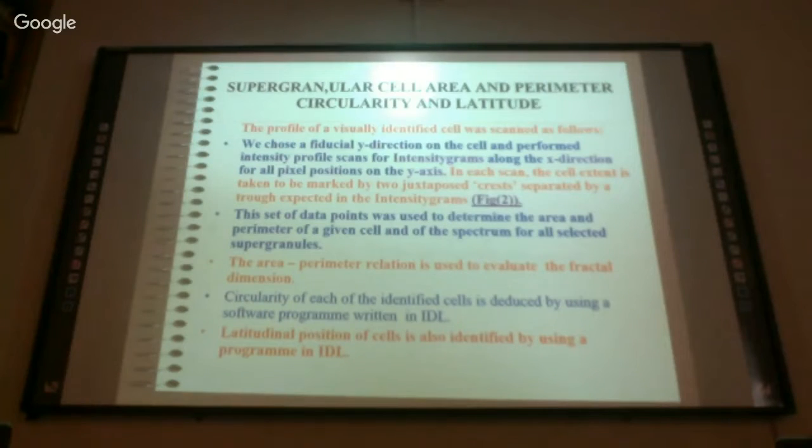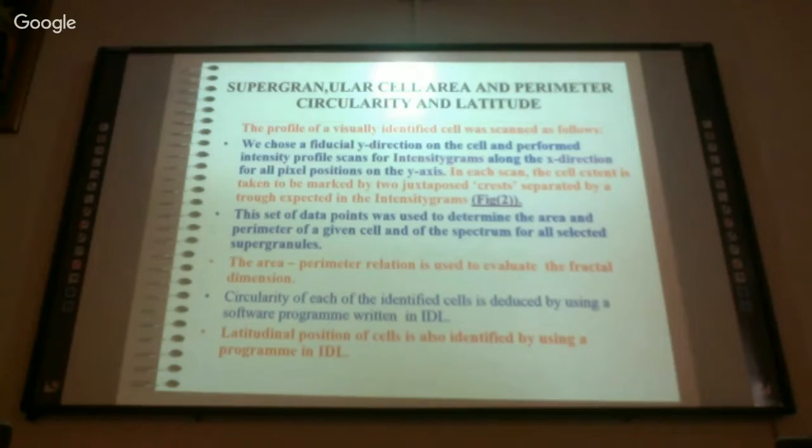In the scan, the cell extent is taken to be marked by the sum of the juxtaposed crest separated by a trough in the velocity scan. This set of points was used to determine the area and perimeter of the cell using a software program written in Interactive Data Language, IDL.